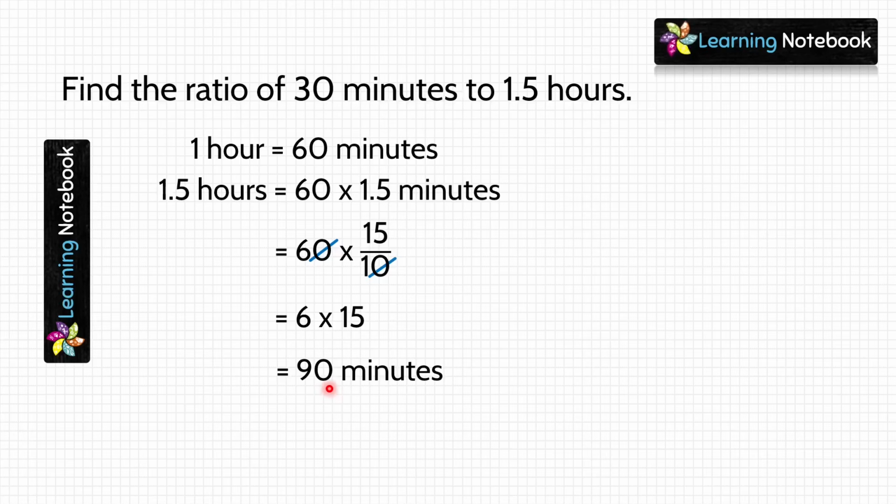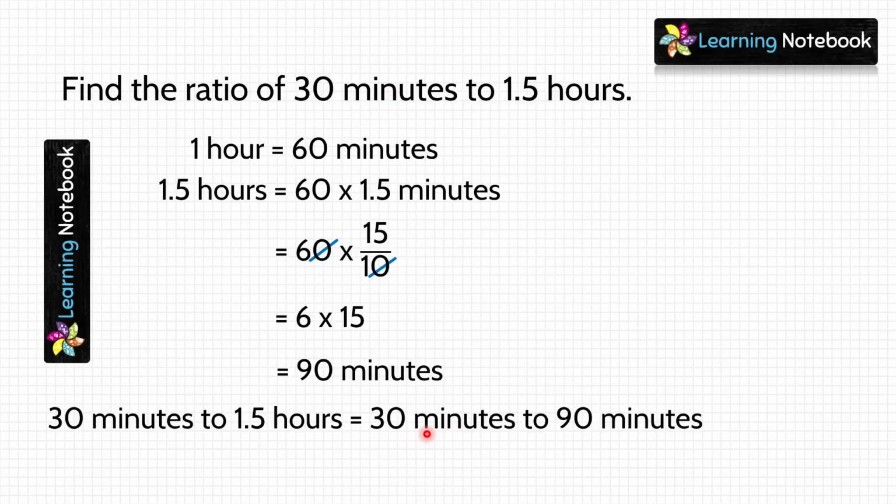Now students, both the quantities are of the same type. Both of them are in minutes now. So this means 30 minutes to 1.5 hours, which is asked in the question, is equal to 30 minutes to 90 minutes.